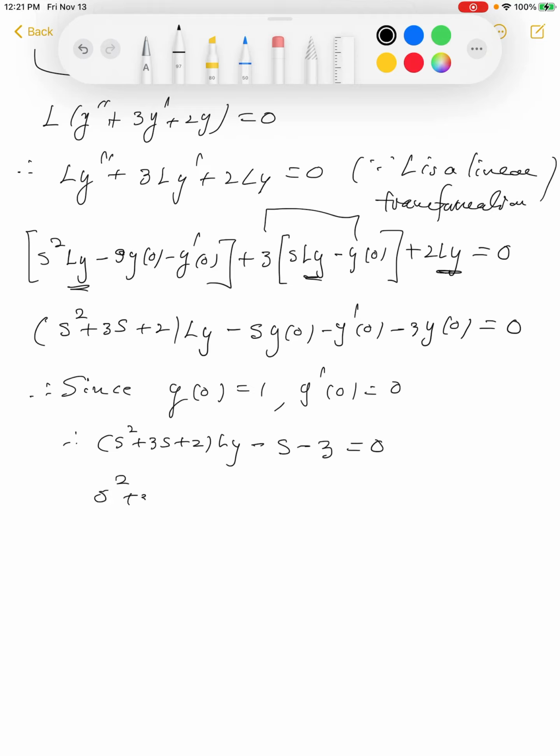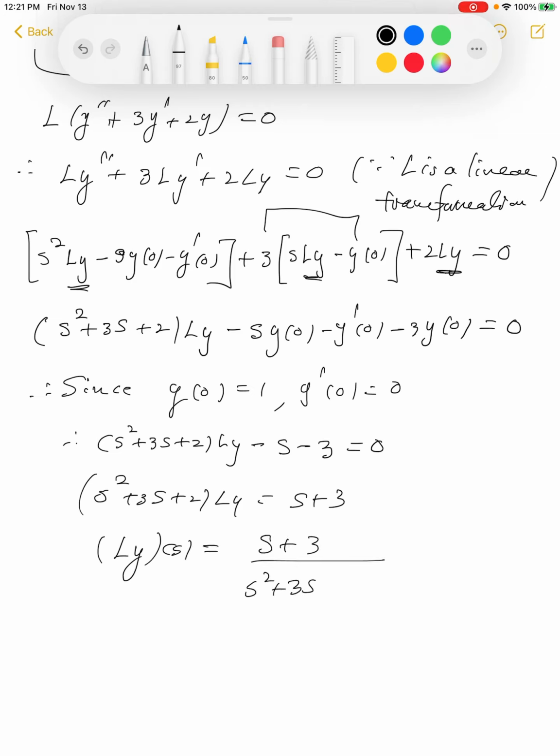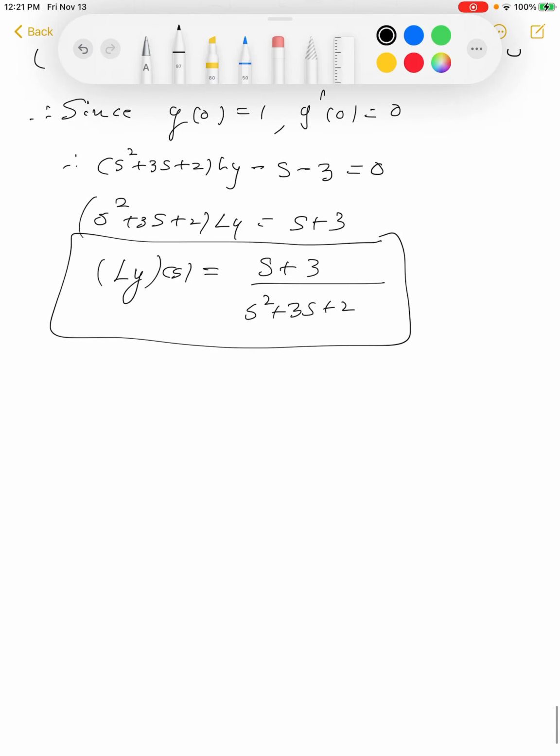So that gives you s squared plus 3s plus 2 times Ly equal to s plus 3. And that means Ly, which is a function of s, is s plus 3 over s squared plus 3s plus 2.